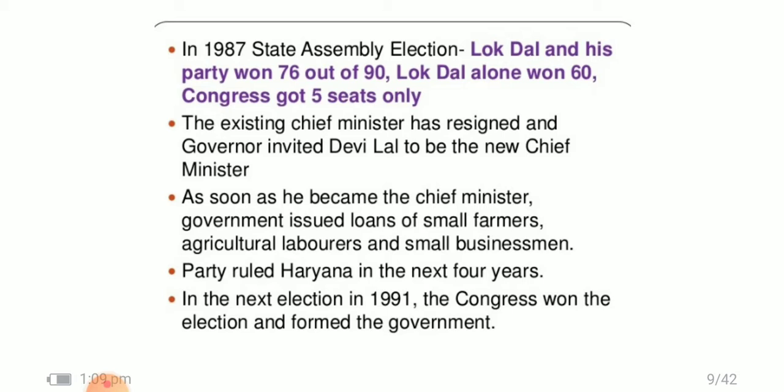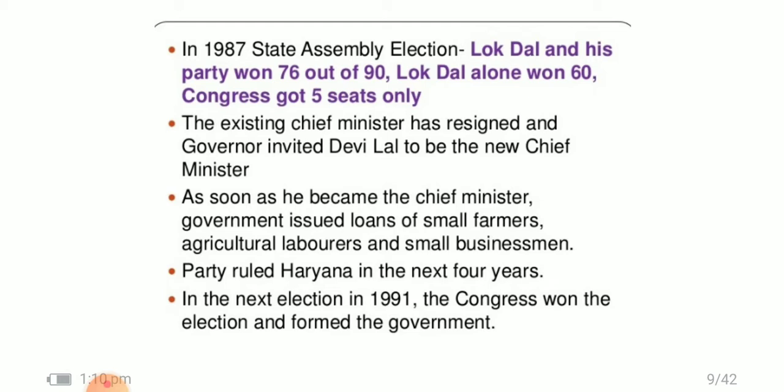Once the election results were announced, the sitting chief minister resigned and the newly elected members of the legislative assembly, the MLAs of Lok Dal, chose Devi Lal as their leader, and the governor invited Devi Lal to be the new chief minister.